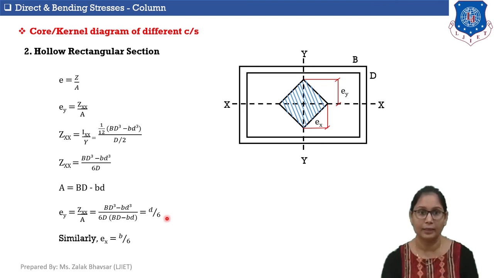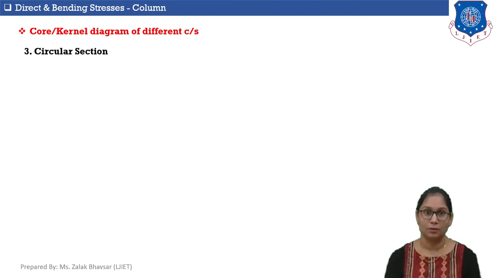Similarly, if I solve, then I will get ex is equal to b by 6. So, here in this figure, you can see that this central portion of this hollow rectangular section represents core or kernel of this section. Okay. Now, let's move to another section, which is circular.